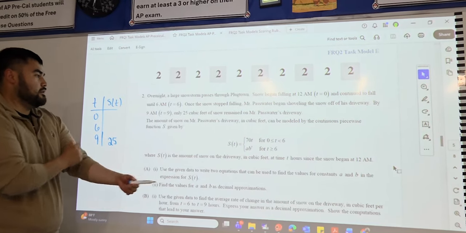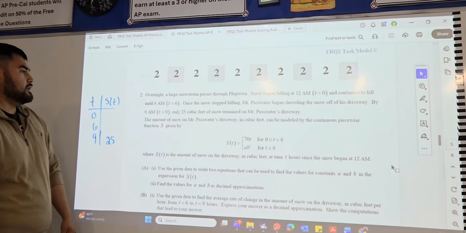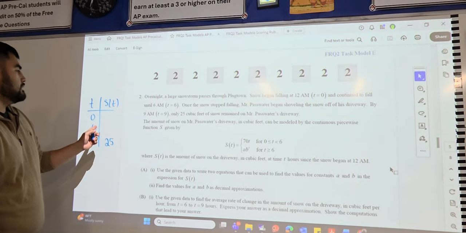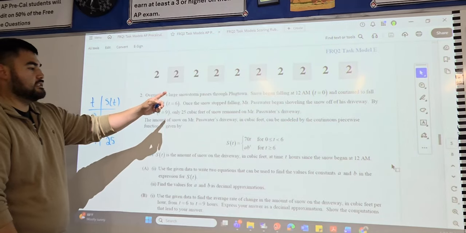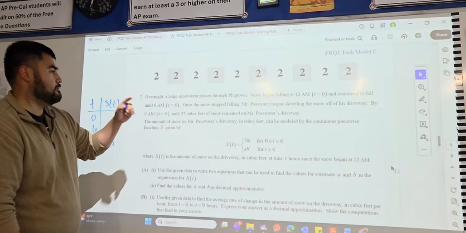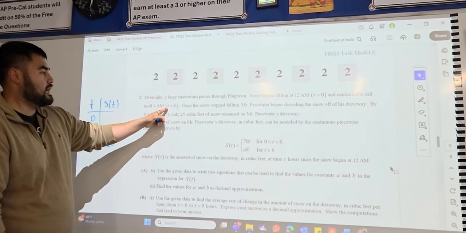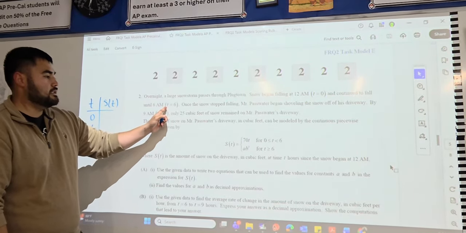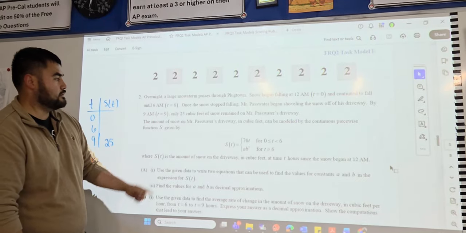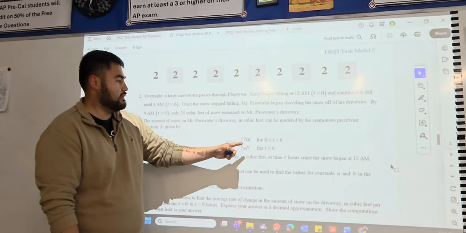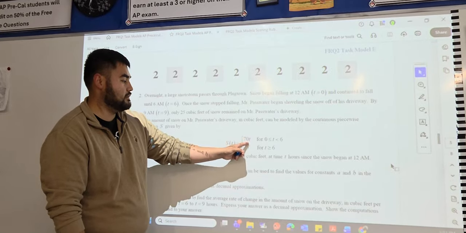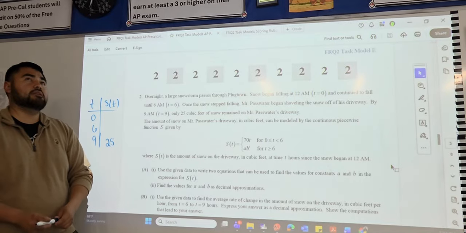Now, before I start, 6 and 0 don't have an output. So what needs to happen is that you need to borrow this 6 and plug it into the first equation.